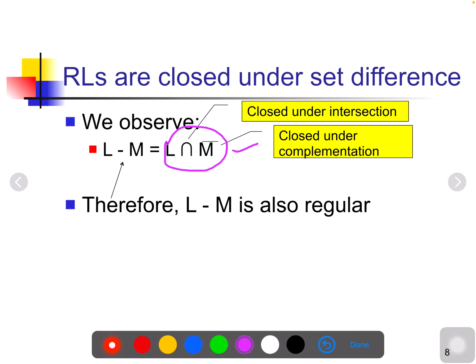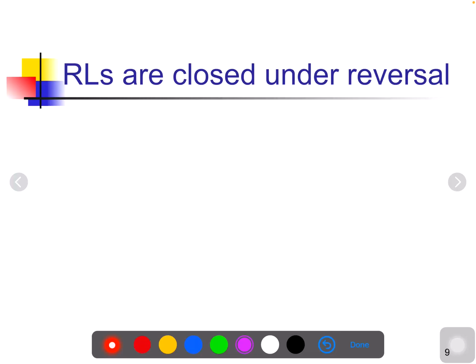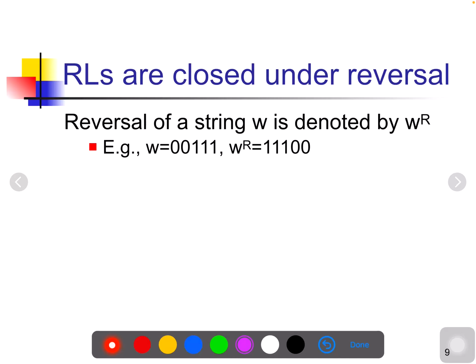And you have to take one more property, called reversal. Reversal is a very important property. Please take it down, keeping in mind to make a star for it in your notes. Reversal of string w is denoted by w^R, right?